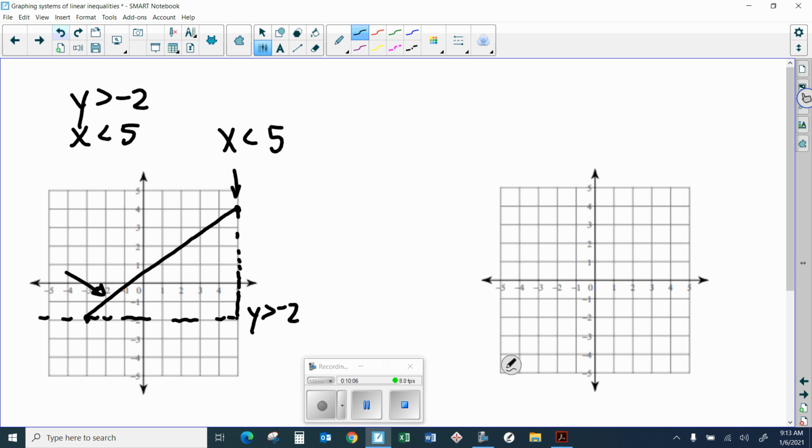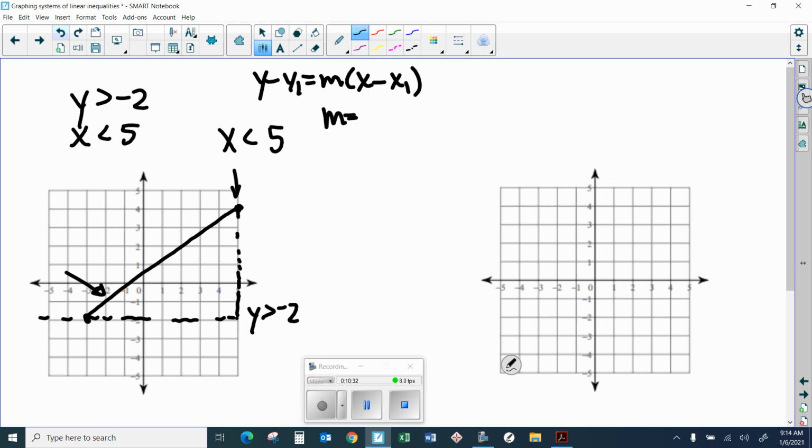Now notice I can't see what the y-intercept is. I can't guess, but I do have 2 points on it right here. Okay, so I can use those 2 points and find the slope and then pick one of those points and put it in point slope form. Remember, point slope form is y minus y sub 1 equals m times the quantity x minus x sub 1.